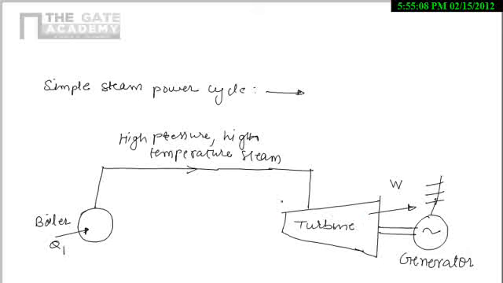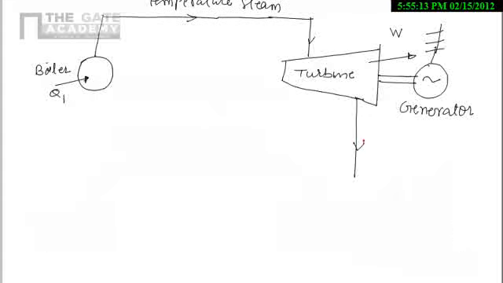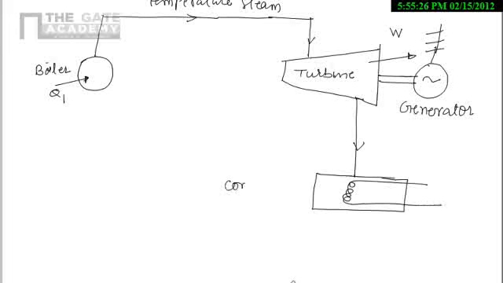After expanding in the turbine, the steam will go into the condenser. Here, this one is the condenser. What is the use of the condenser? We first decrease the temperature of the steam and convert the steam into water.